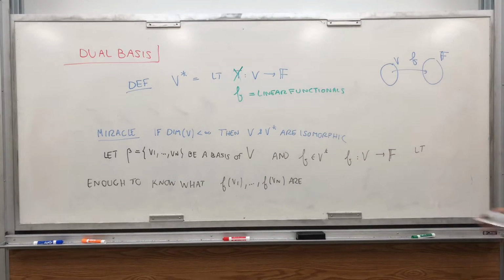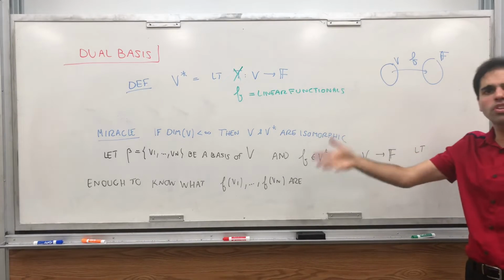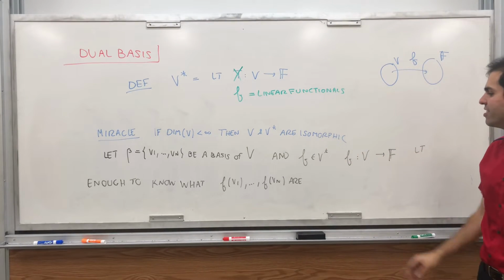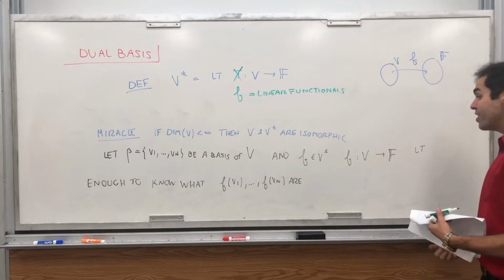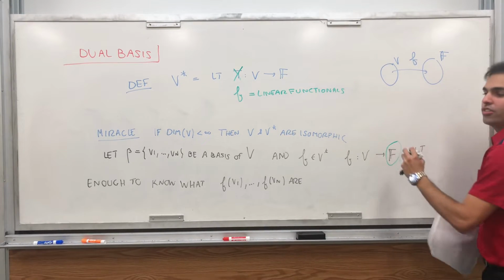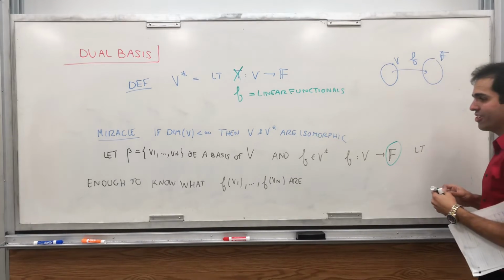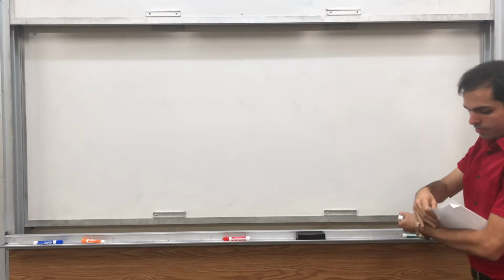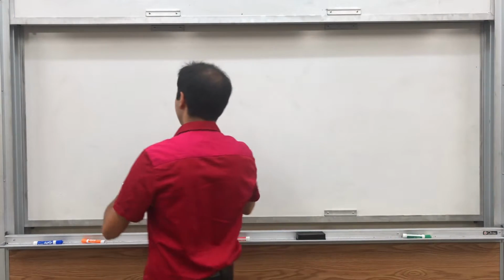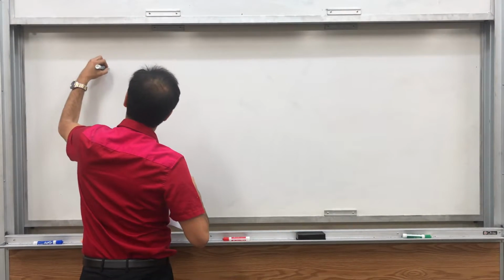And here's a nice thing. In general, it's hard to represent linear transformations, but because the codomain is F, you can actually draw a graph of your linear transformation, of your linear functionals. In particular, you have this graphical representation.